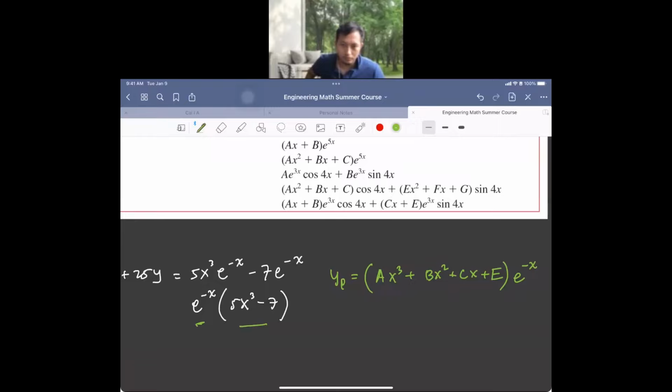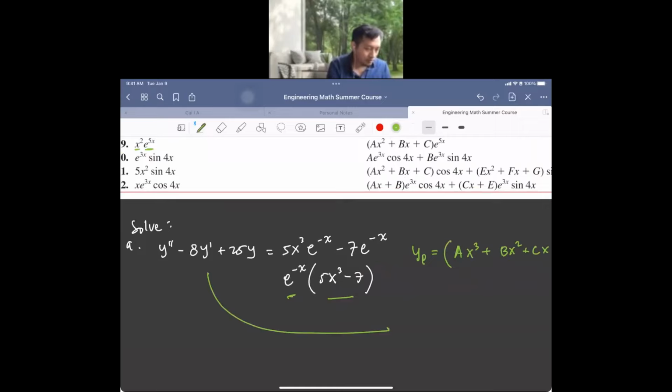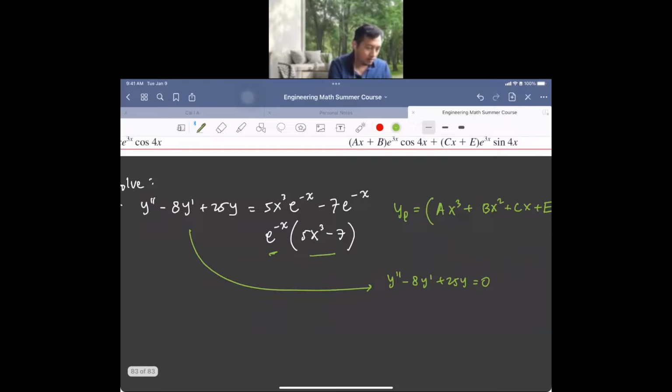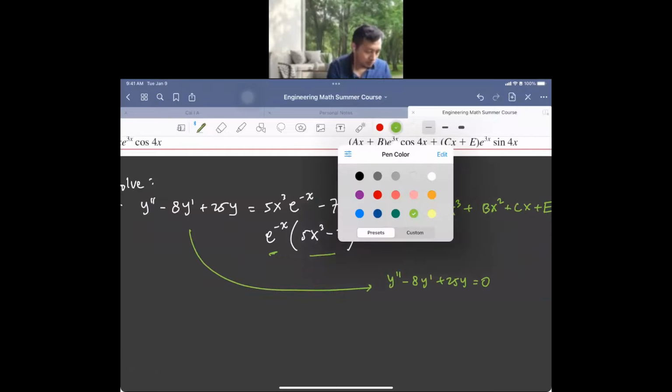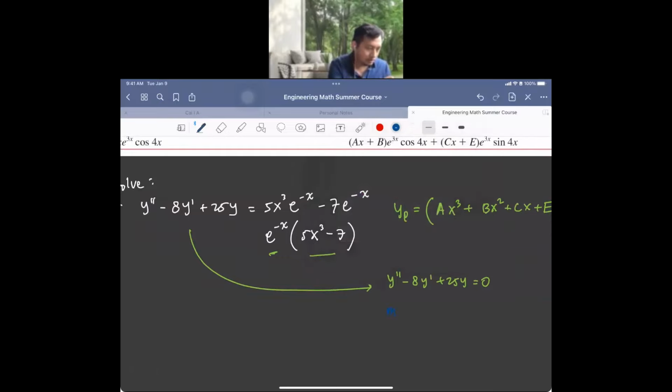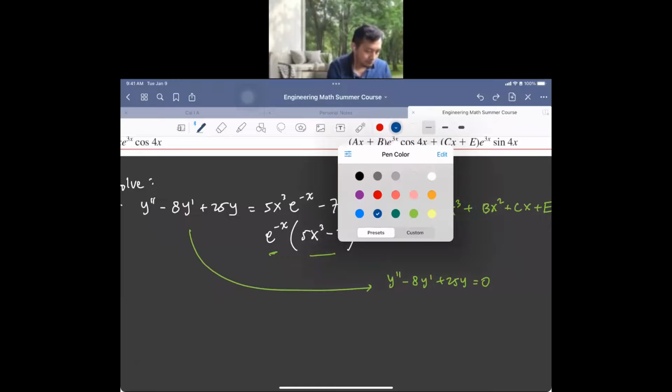And I think you need to make sure there is no duplication between any terms in yp and the terms in the homogeneous solution. So for the homogeneous one, we need to write the characteristic equation and check.